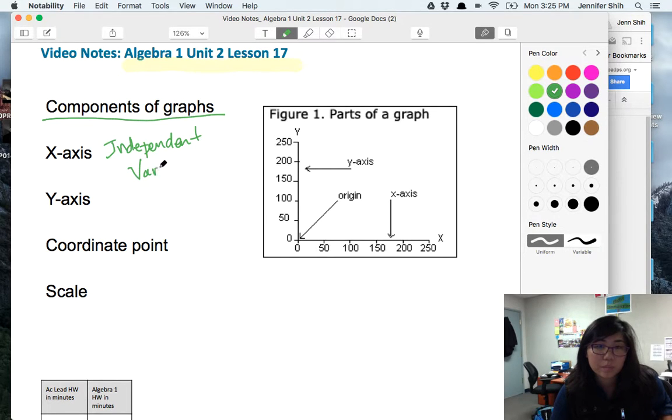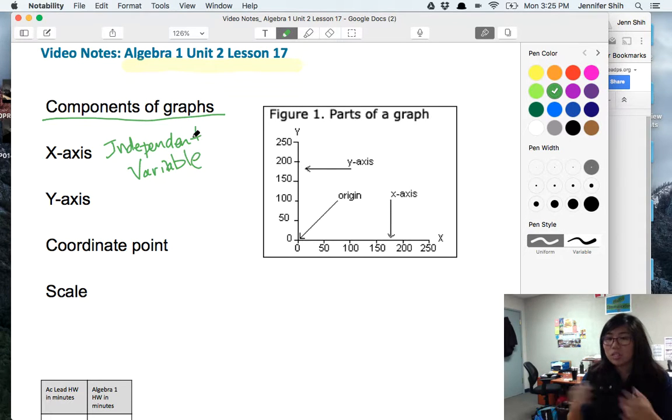Which means it depends on the information that you know. If you know there are 4 cans of blue paint, then your blue paint would be your independent variable. If it would depend on how much red paint, that would be your other variable.